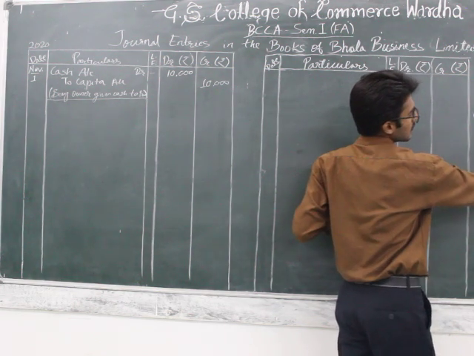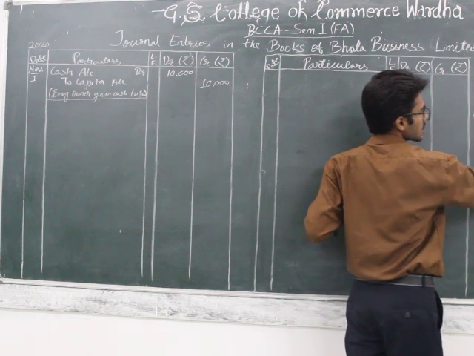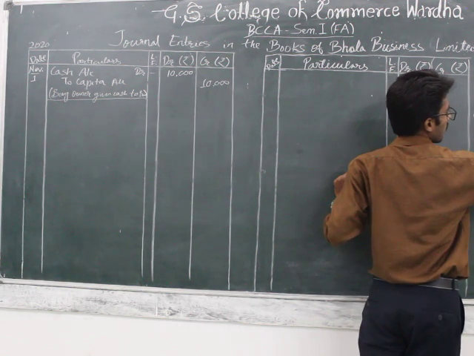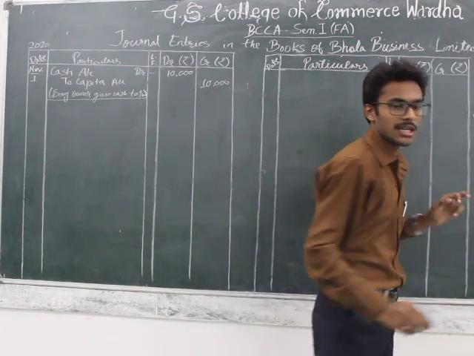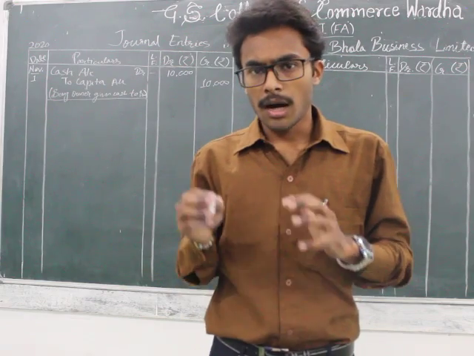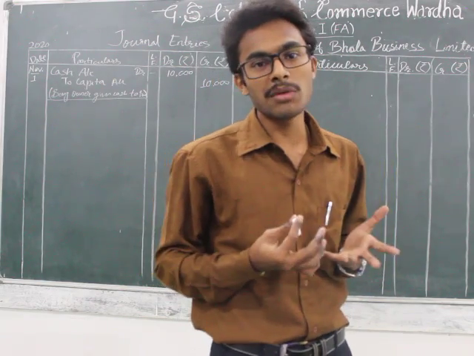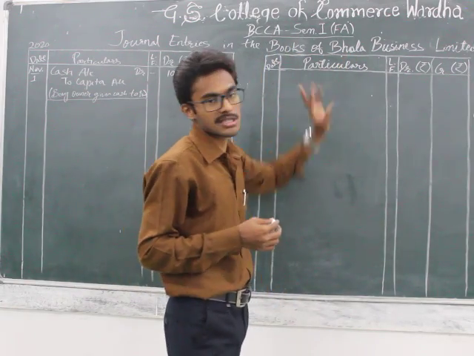Shalini is a personal account. Cash is a real account, and cash is coming in. Is Shalini receiver or giver? Apply logic: someone is giving money to us, meaning giving money to Bhola Business Limited.